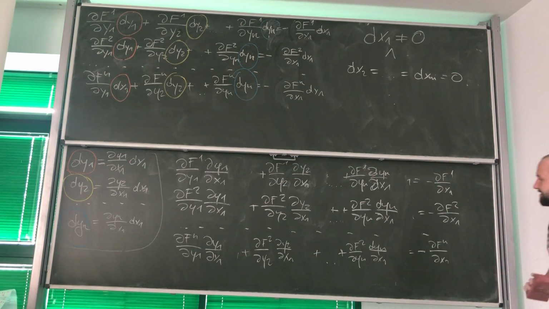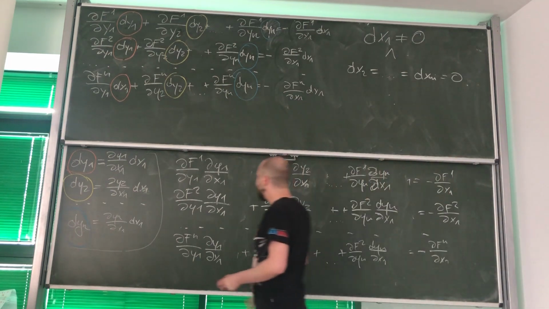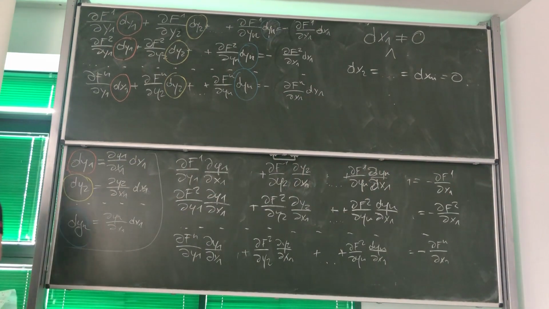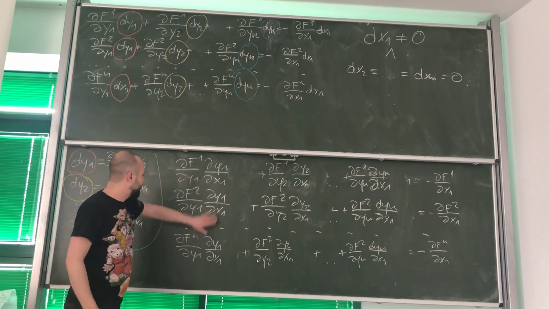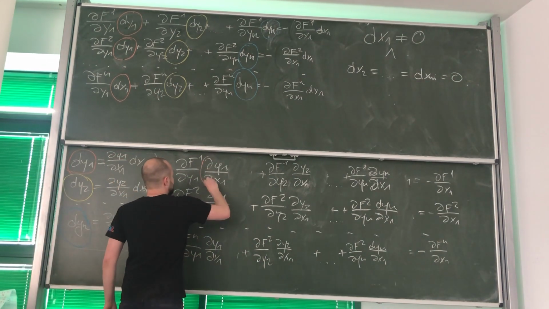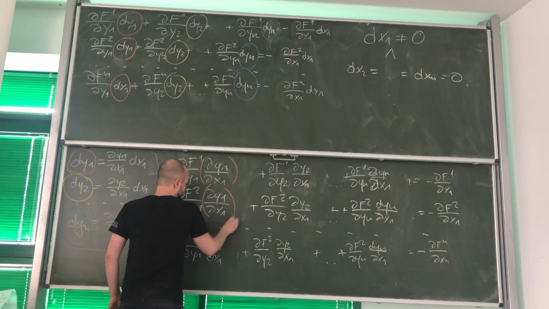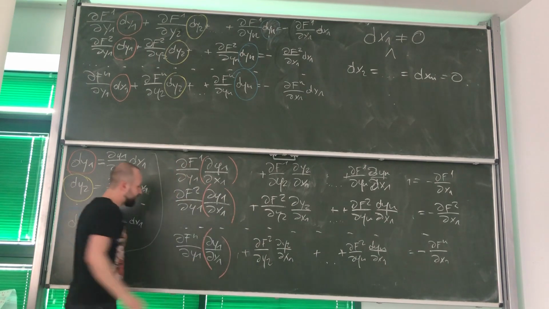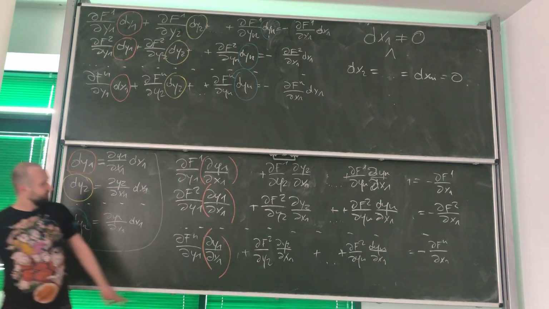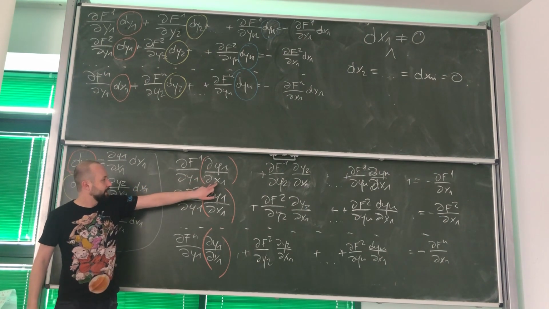Okay, this is good news, but maybe we've got some more good news. Look, we clearly see that some things are repeating. For example, in each equation, first, we've got component dy1/dx1.